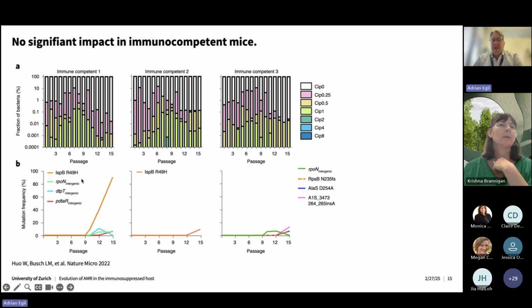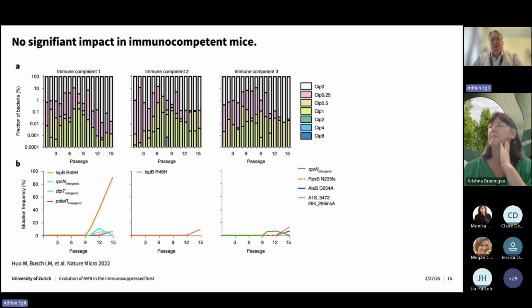One key factor is exactly this selection of drug-resistant strains. So you see here 3 different lineages of mice. These are 3 immunocompetent mice populations. And you see here the fraction of bacteria in percent which had a certain resistance level.